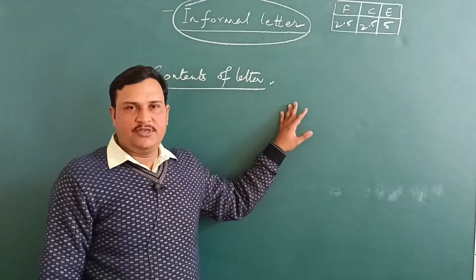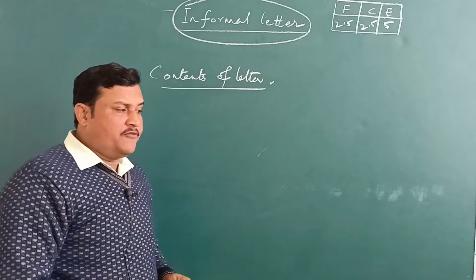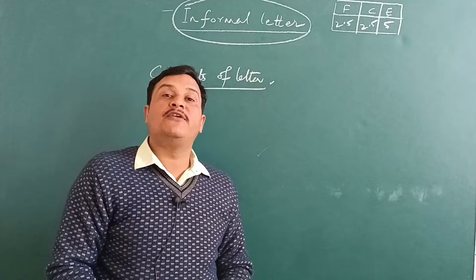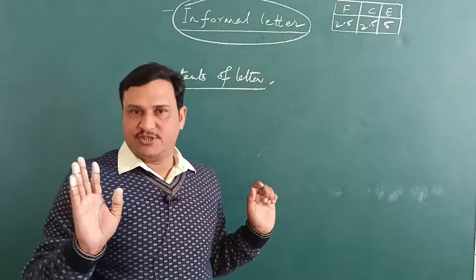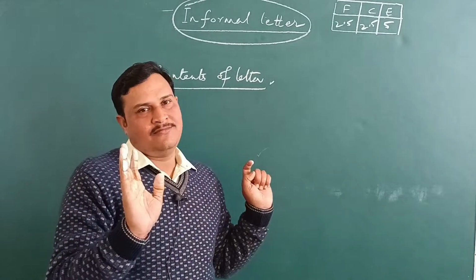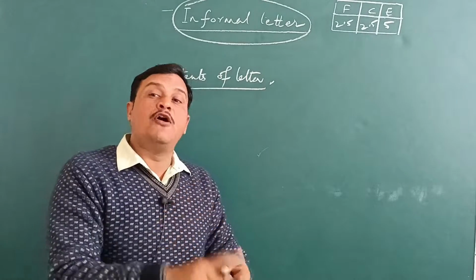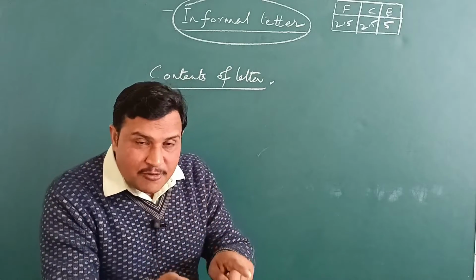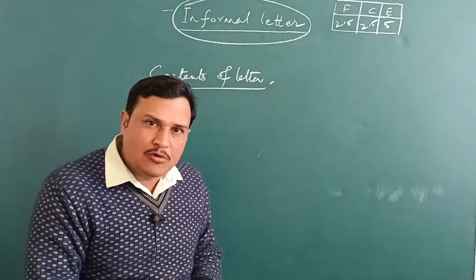So we have seen the format. Now we will discuss the content of the letter. Suppose I am going to write a letter to my friend to inform him that recently I have changed my room. I am going to write to inform him how I am going to miss my old house, and what are the things I like in the new house.